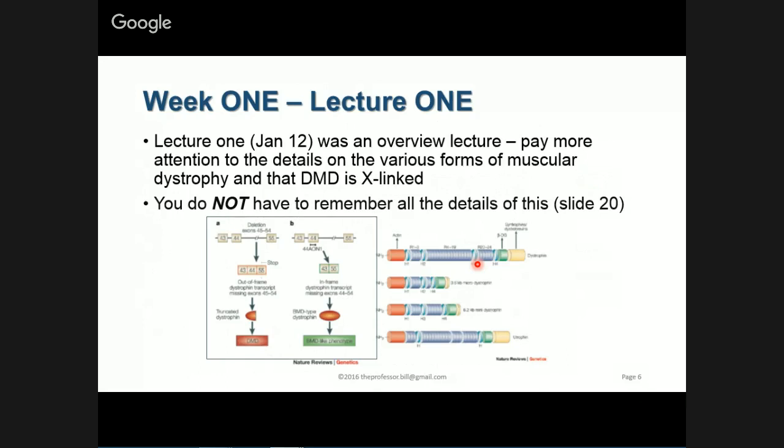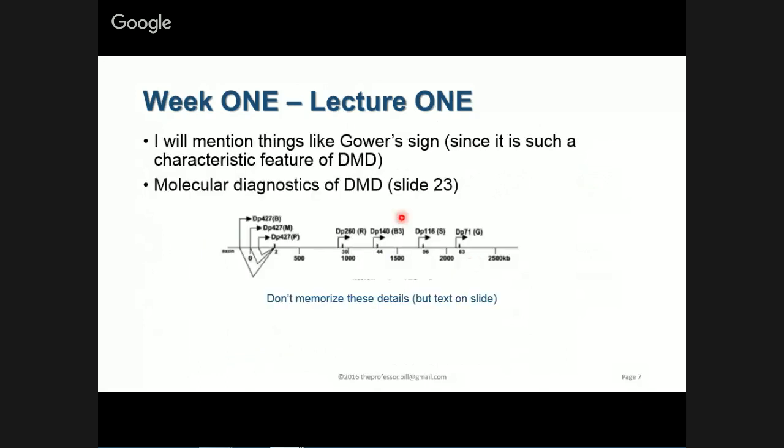This is more or less a summary of what we did cover related to Duchenne's muscular dystrophy. I will tell you ahead of time that you should expect things in your multiple choice related to Gower's sign. Do any of you remember Gower's sign?